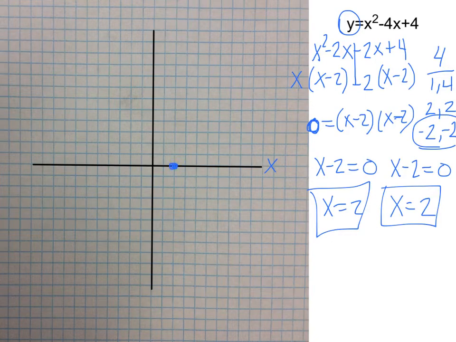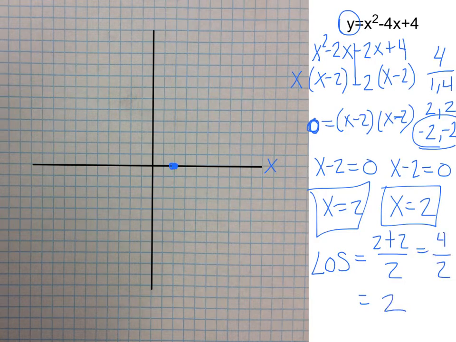Now you still are finding your LOS, which is 2 plus 2 divided by 2, which is 4 divided by 2, which is 2, which should make sense, right? And so your LOS is just going to be on top of your 0 because your zeros are the same.